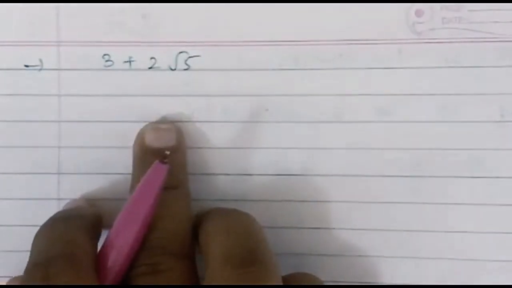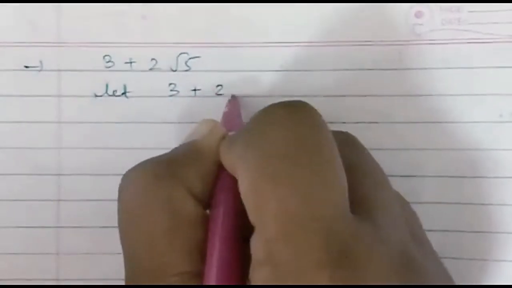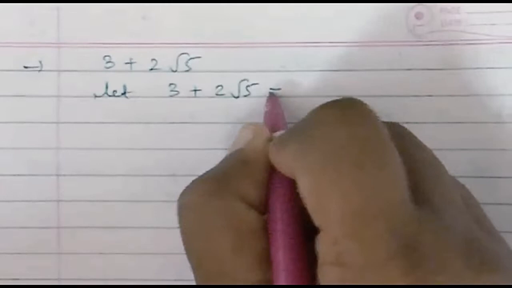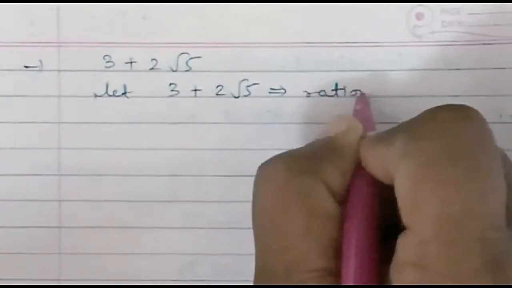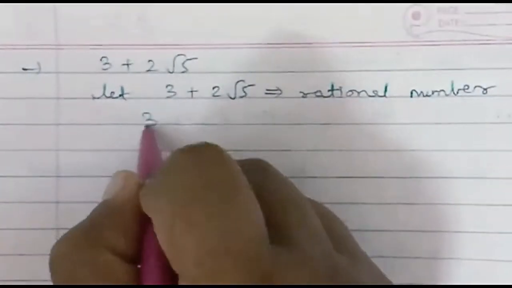In the same way, let us prove 3 plus 2 root 5 is also irrational. Again the same procedure: let 3 plus 2 root 5 be a rational number. And if it is a rational number, it can be expressed in the form a upon b.